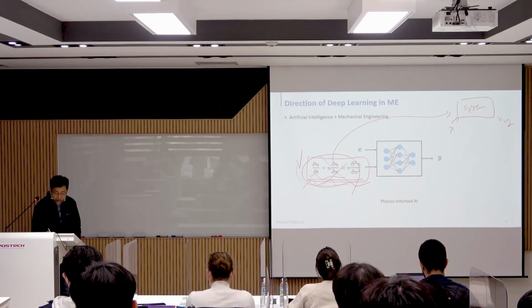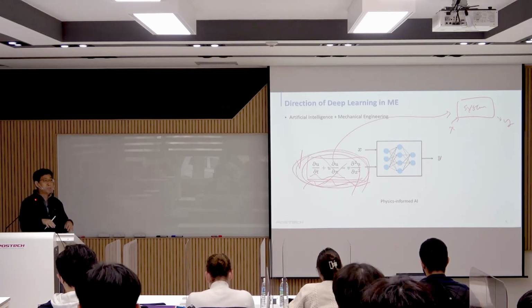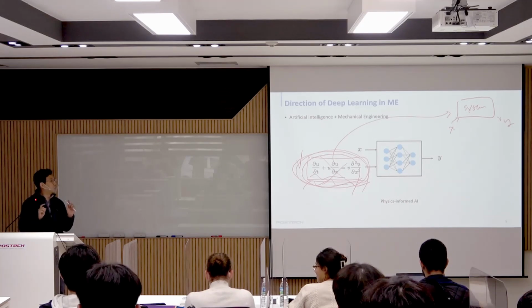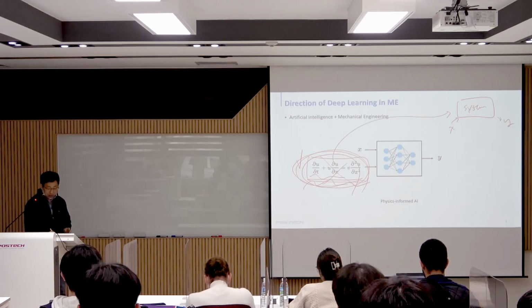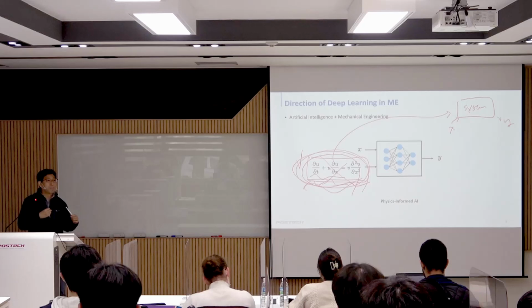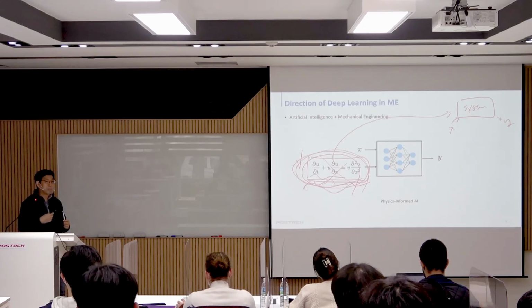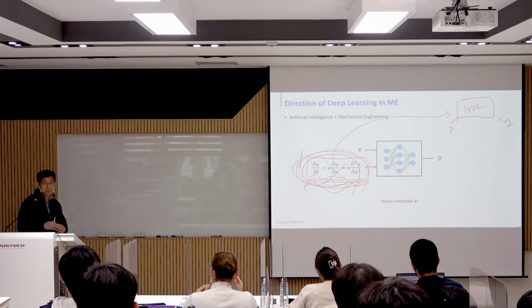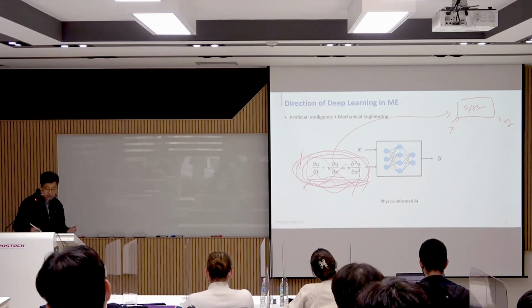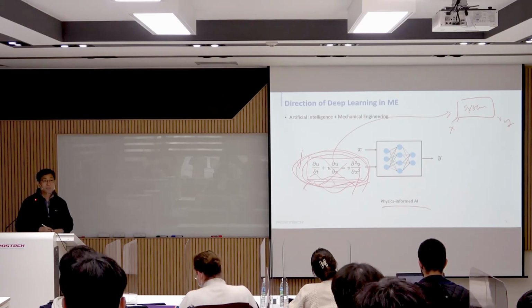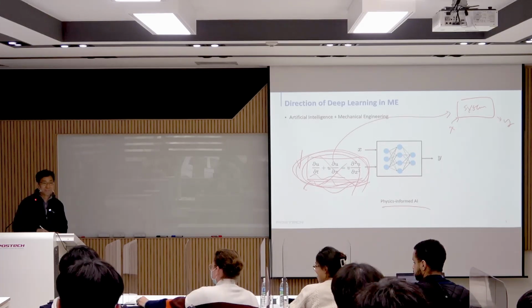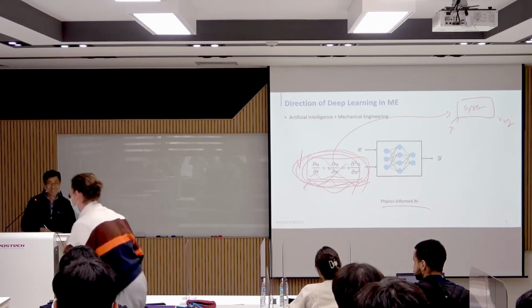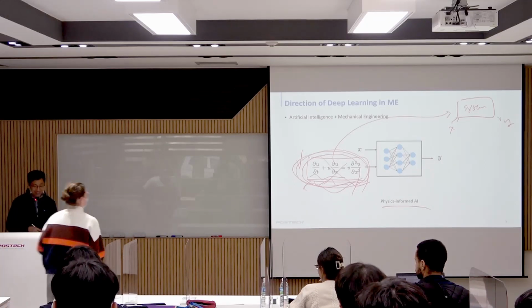So I'm going to reinforce the AI model: these are the things I know, so you don't have to learn them, just follow that. That's the philosophy behind physics-informed AI models.